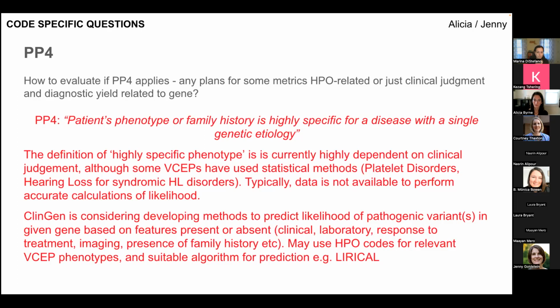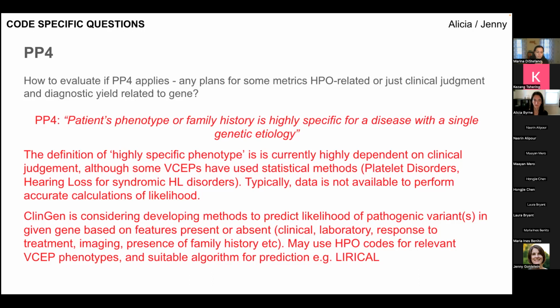Although if you look at some VSEPs, if you look at their papers, they have used some statistical methods to look at the likelihood that a particular set of clinical symptoms will result in finding a pathogenic variant in that gene. For example, the platelet disorders group did a really nice statistical study, and hearing loss have also used this for syndromic hearing loss disorders. So if you want to take a look at those papers, you can see the methods they used.